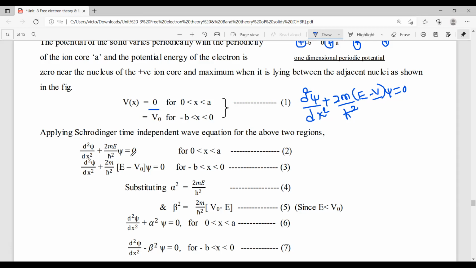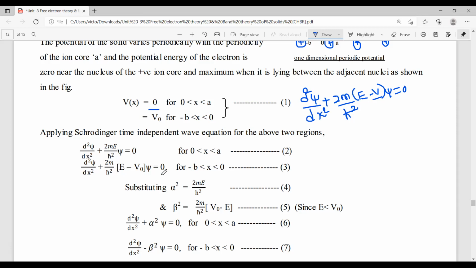In a similar manner, now apply Schrodinger's time-independent wave equation for the other case, by taking the V value as V naught for the region minus b to 0. Then we get equation 2, that is d square psi divided by dx square plus 2m by h cross square into E minus V naught, psi, equal to 0.